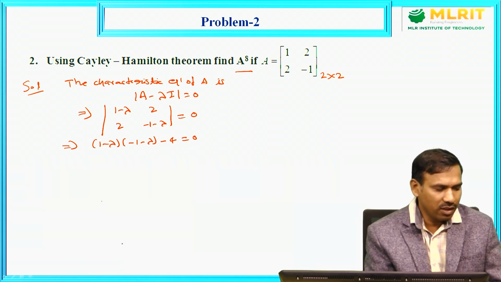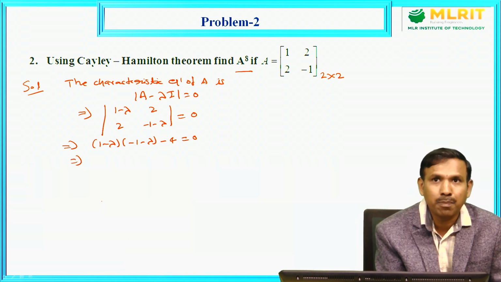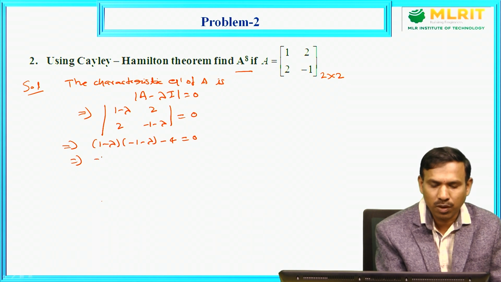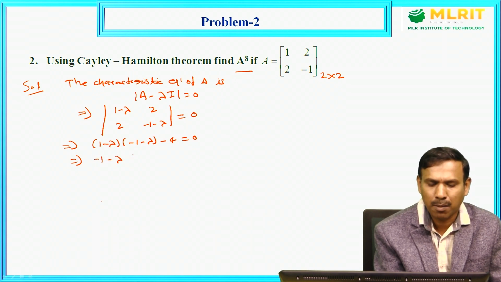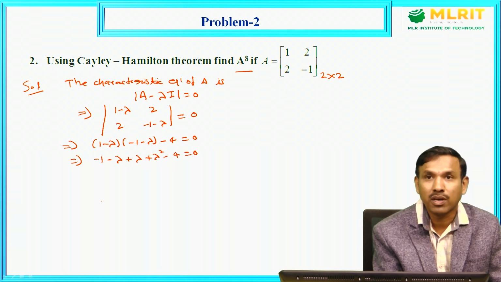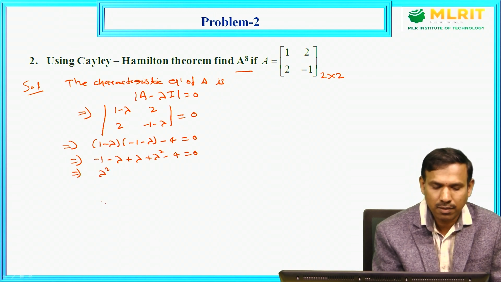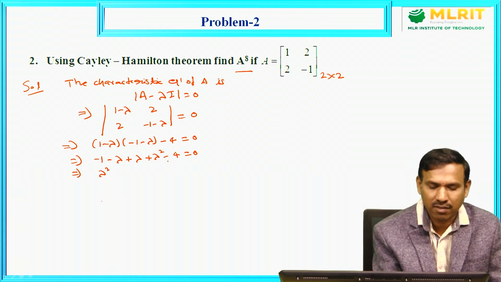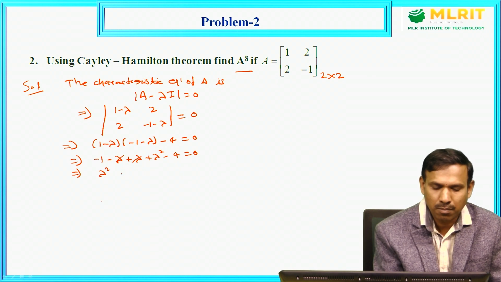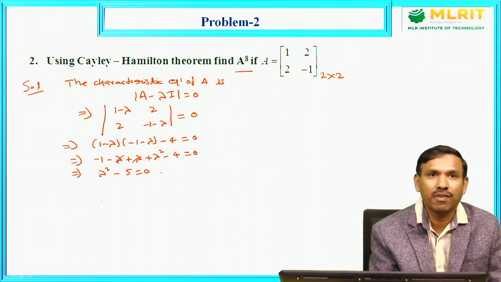Multiplying and simplifying, we get lambda square minus 1 minus 4, the lambda terms cancel, so lambda square minus 5 is equal to 0. So, this is the characteristic equation of the given matrix.